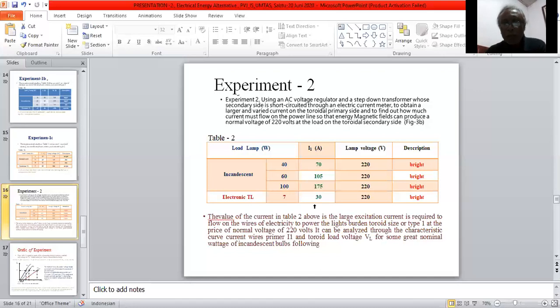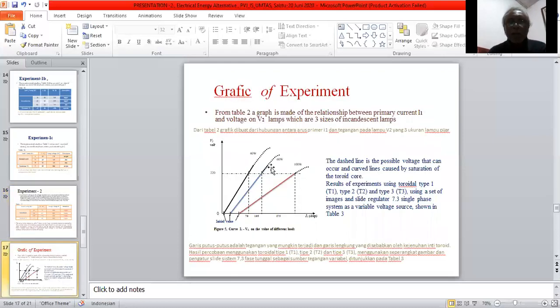It can be analyzed through the characteristic curve of primary line current I1 and toroid load voltage VL for some nominal wattages of incandescent bulb or lamp, with characteristics like the graphic of the experiment in figure 5.